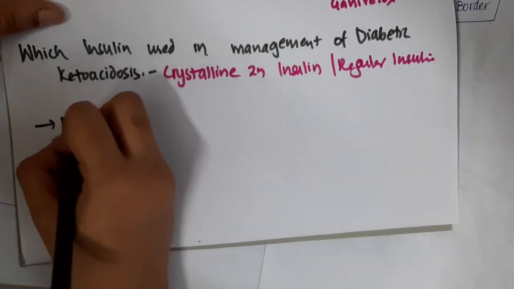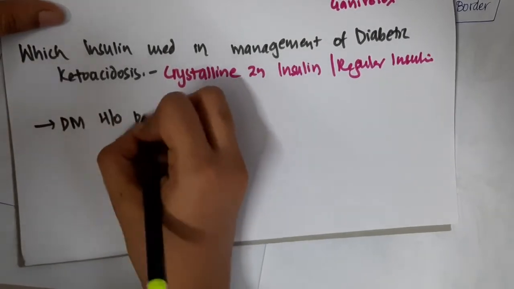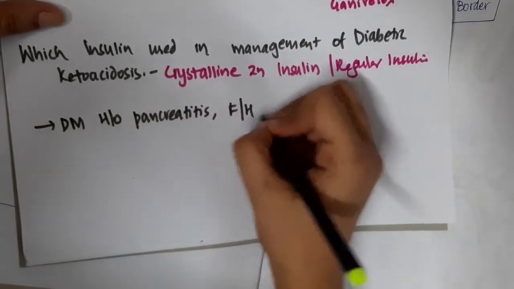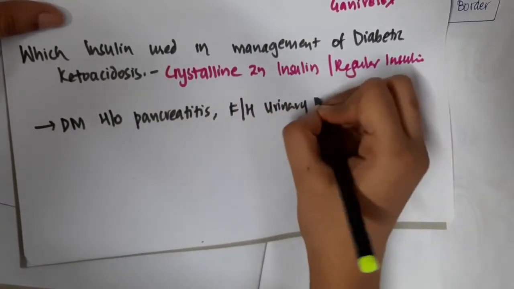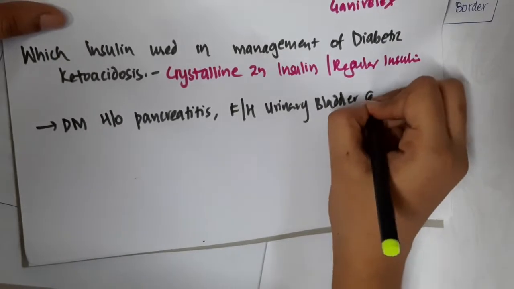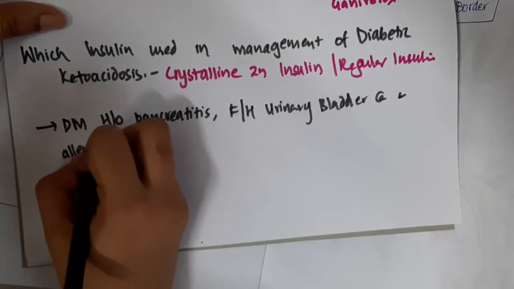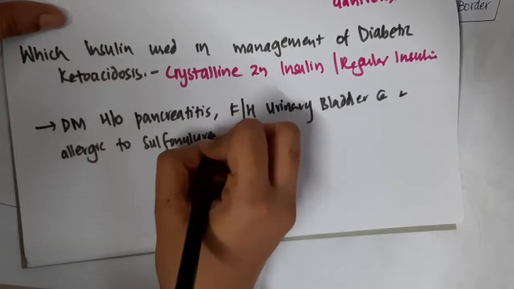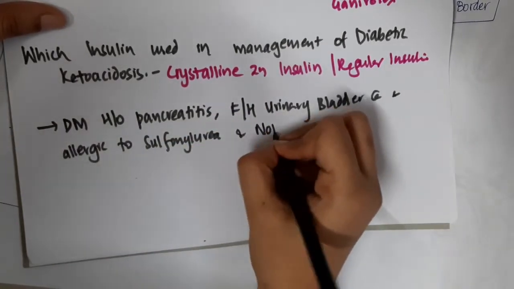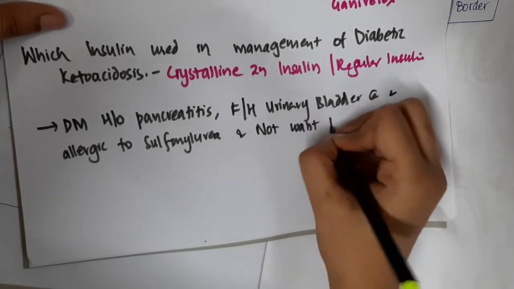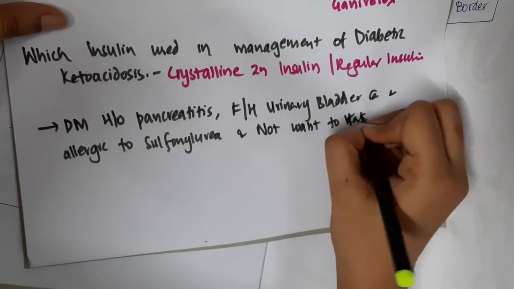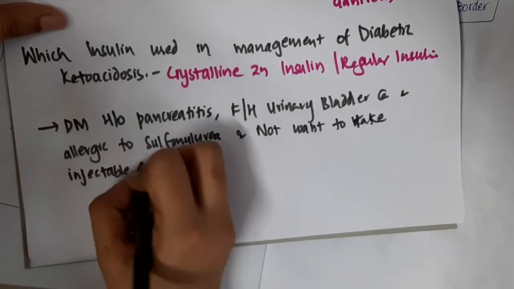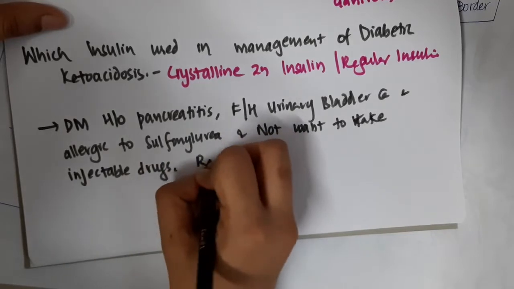A patient with diabetes mellitus, history of pancreatitis, family history of urinary bladder carcinoma, and allergic to sulfonylureas, and does not want to take injectable drugs. So what is the treatment?